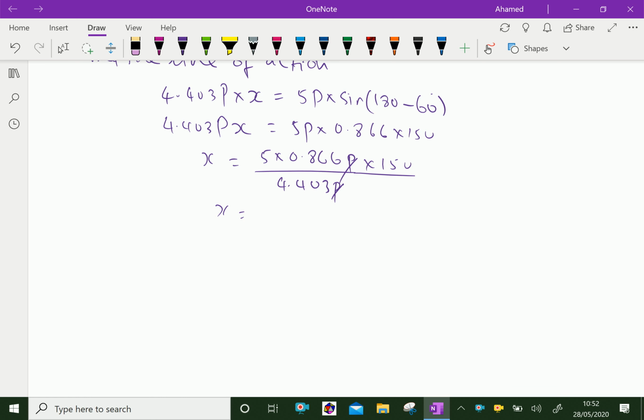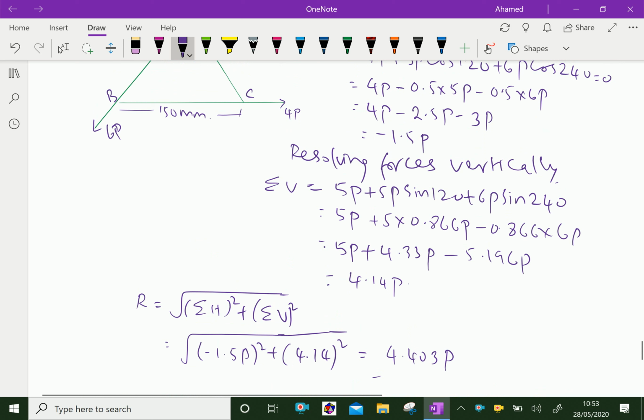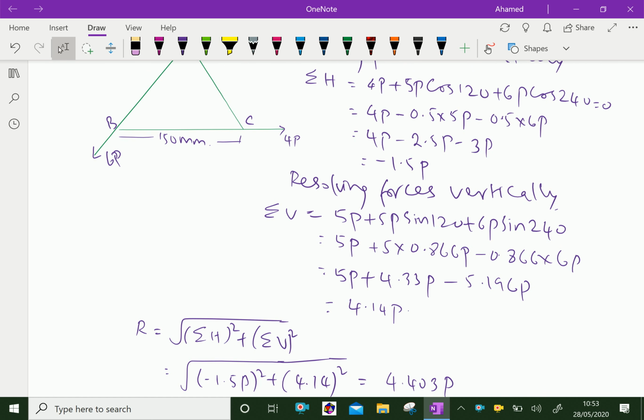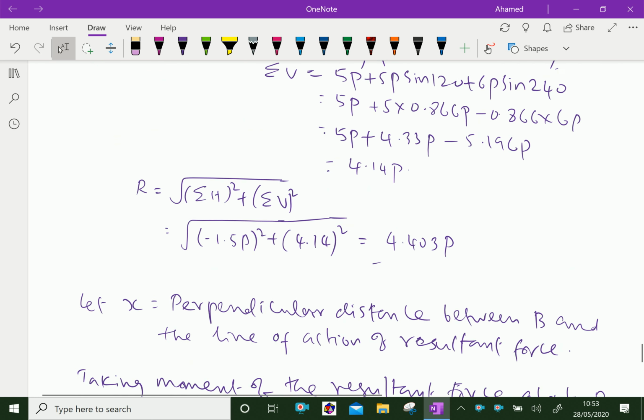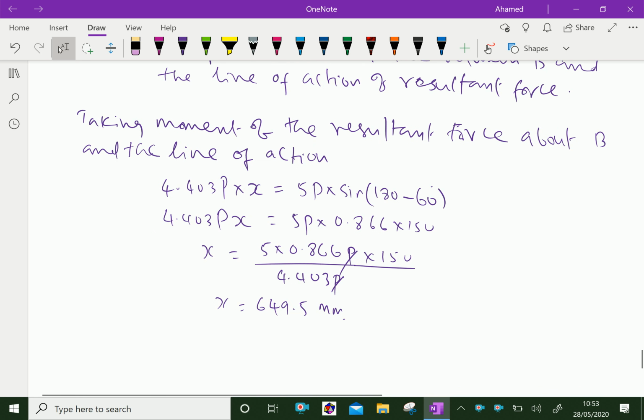So 5 multiplied by 0.866 into 150 equals 649.5 mm. That means approximately 650 mm, so x equals 650 mm.